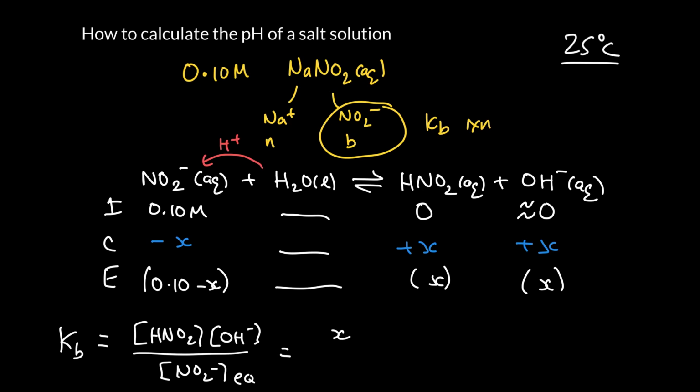We've got x times another x, that's x squared, divided by the nitrite concentration: 0.1 is where it started, and x is what it went down by. If we had a number for Kb, we could solve, but we don't have a number. We've got two unknowns here, so we can't solve the bottom line of the ice chart, and we can't solve for the pH.